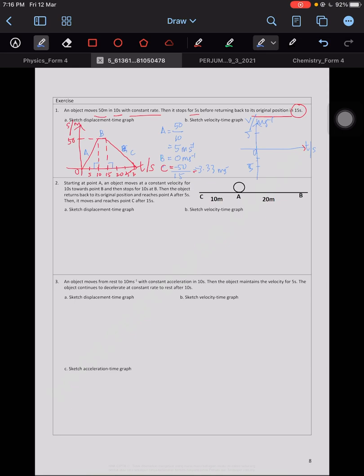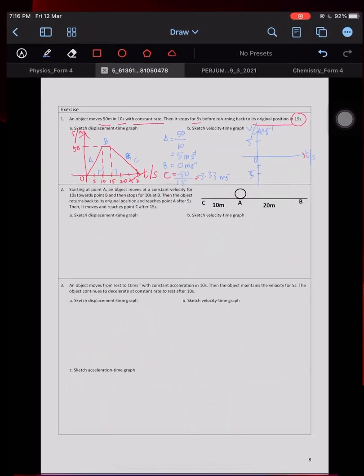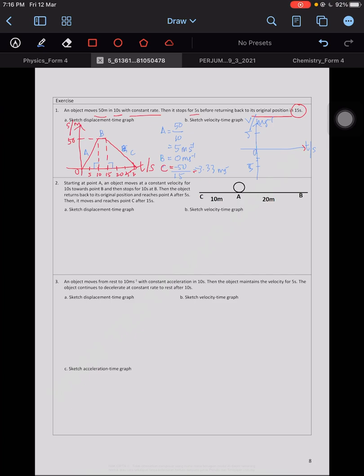Okay, so then how long? First 10 seconds, right? Second 5 seconds, then 15 seconds.